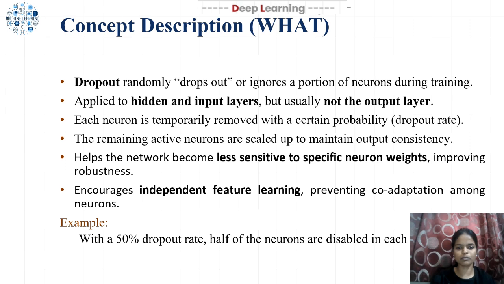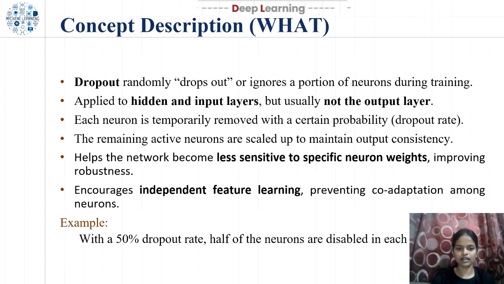Each neuron is temporarily removed with a certain probability, the dropout rate. We can predefine this dropout rate as 0.2 or 0.3, and at that rate, neurons are removed from the layers. The remaining active neurons are scaled up to maintain the output consistency, so the overall output and the model's performance are maintained.